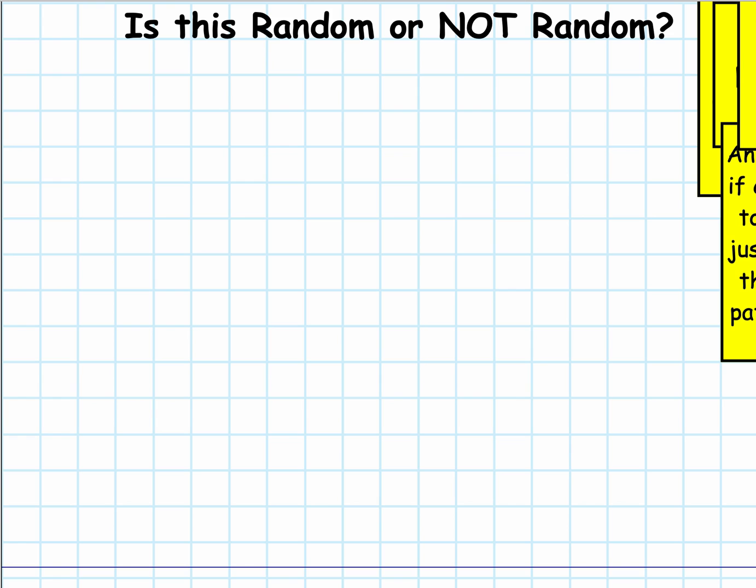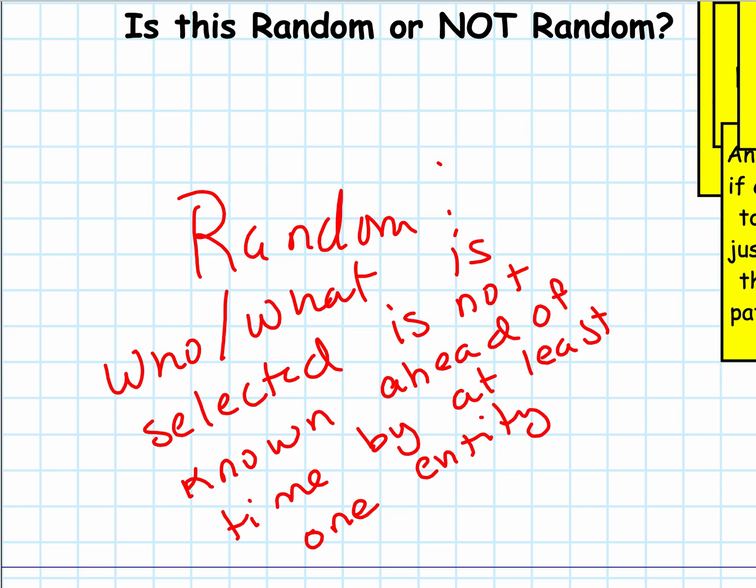Okay, so now we're going to go ahead and we're going to look at, is it random or is it not random? Okay, so in order for something to be random, who or what is selected is not known ahead of time by at least one entity. So you have the person who is doing the selection, we'll call them the expert.